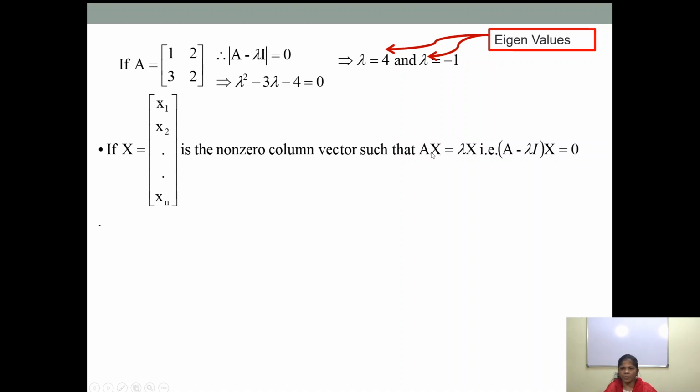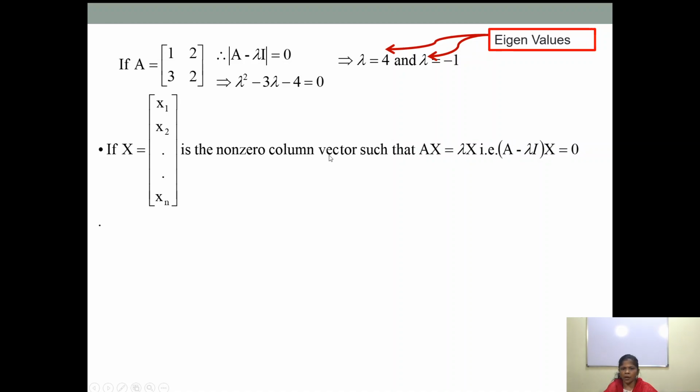What is left in the first term is A. In the second term only lambda is left, but we cannot subtract lambda from a matrix, so this has to be a matrix. We know that I into x is x, so when we take x common, what is left is I. That's why we can write it as A minus lambda I times x. So this equation can also be written like this.